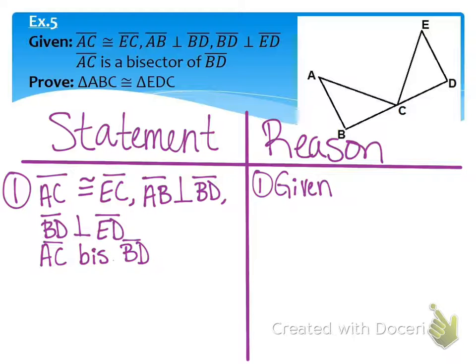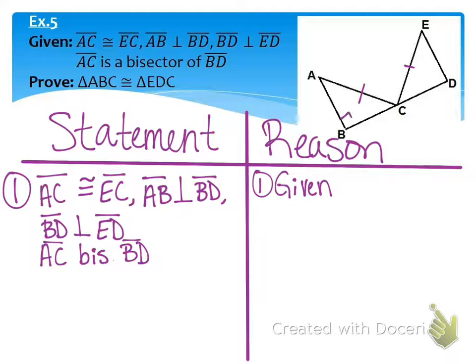All right. AC is congruent to EC. That's pretty straightforward. We can go ahead and mark it in our diagram. If AB is perpendicular to BD, what does that mean to us? ABC is the right angle.